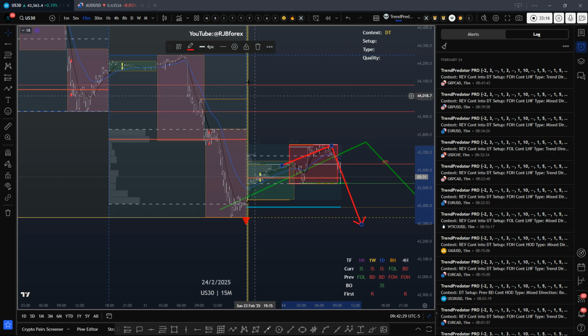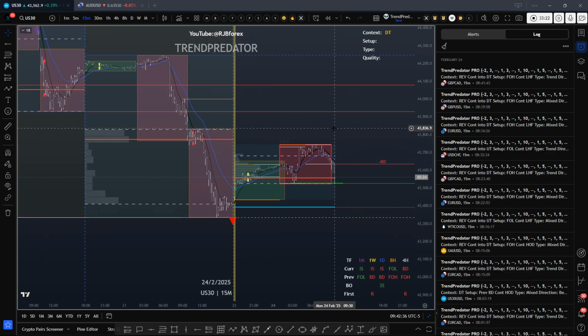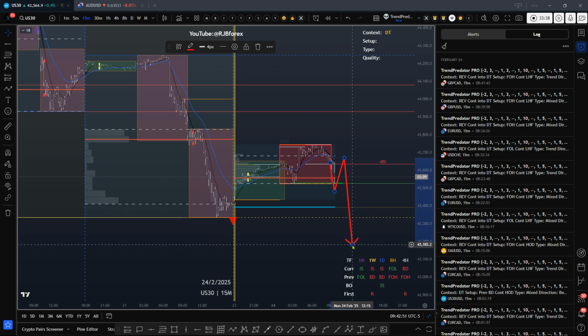What I'd want to see really at this point, however, would be the trap being set for a pump up to re-break the Asian high. So trapping traders short, coming up again, and then the drop.